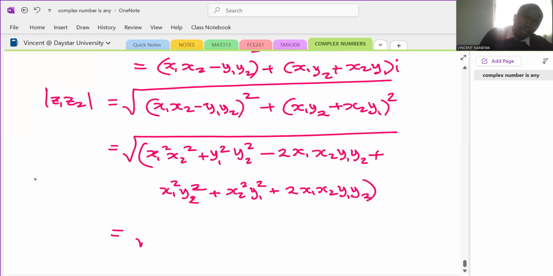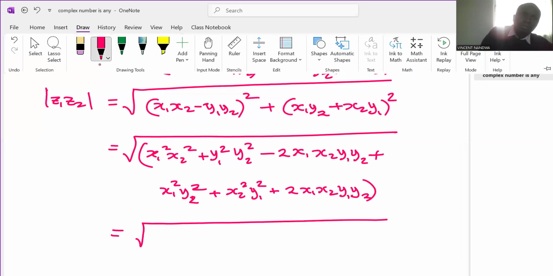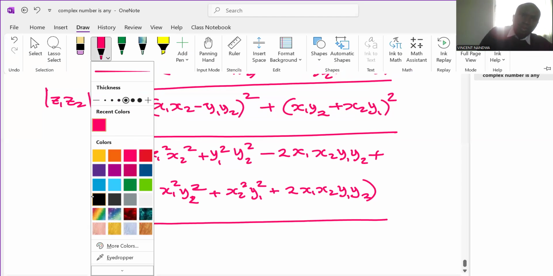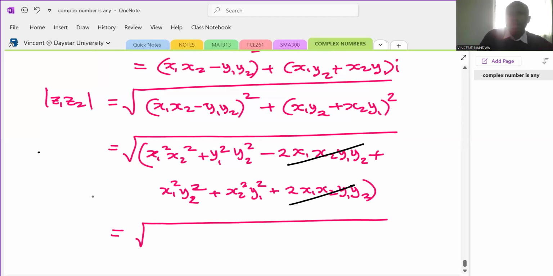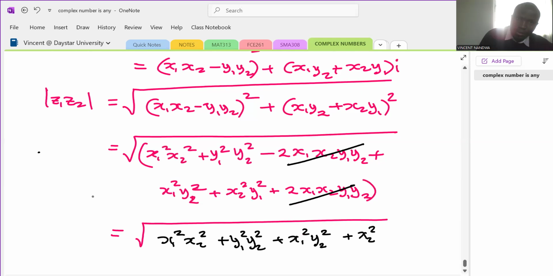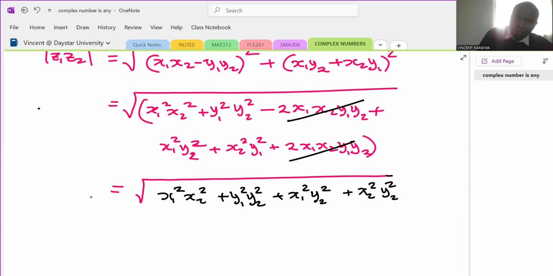So this is the same as the square root, you see this and this cancel out. So I just have x1 squared x2 squared plus y1 squared y2 squared plus x1 squared y2 squared plus x2 squared y1 squared.